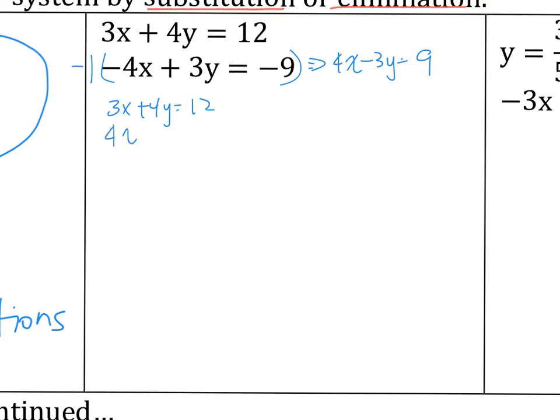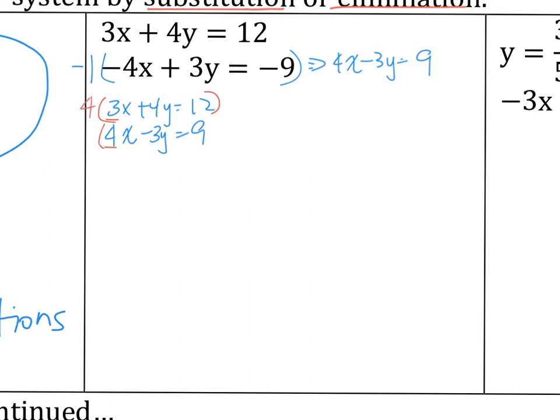And then we copy 4x minus 3y equal to 9. And I'm going to use the LCM, least common multiple, between 3 and 4 to rewrite these equations with at least a pair of coefficients that are the same, so I can eliminate a variable to solve for the other variable.